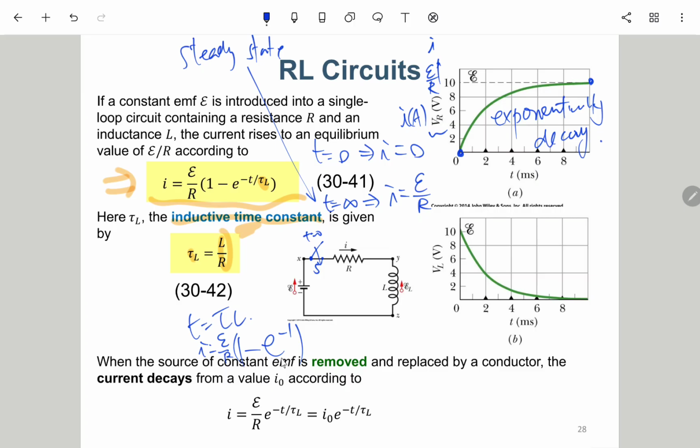You know e is 2.718281828 or something like that.